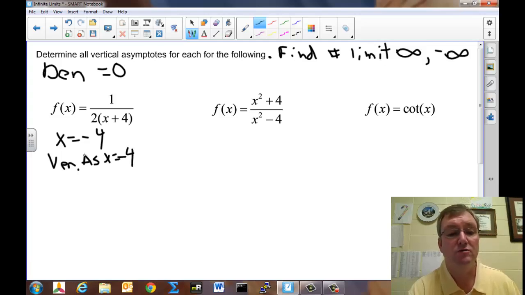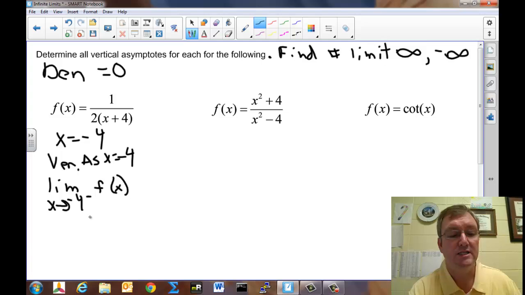Well, let's also talk about the limit at negative 4. So we're going to look at the limit, and since we know there's a vertical asymptote here, we're going to look at each side of the limit independently. So we're going to say as x approaches negative 4 from the left of f to begin with.